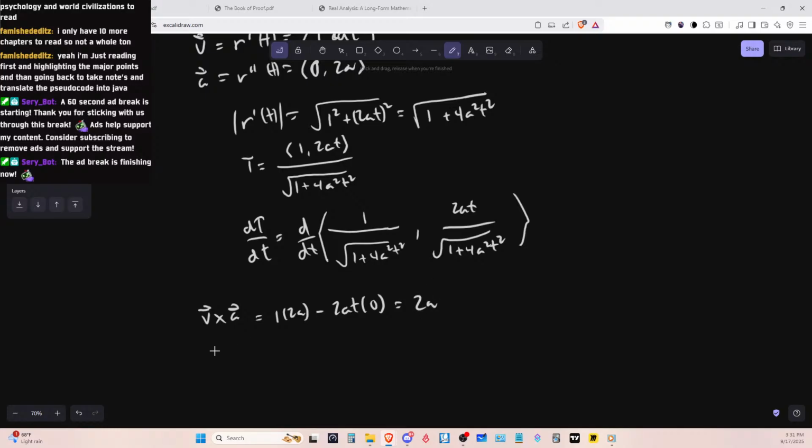And then for, but the weird thing is that for this curvature, it would still have like a t in it.